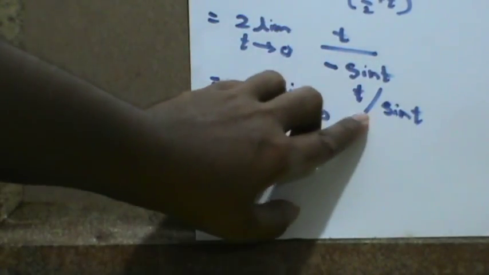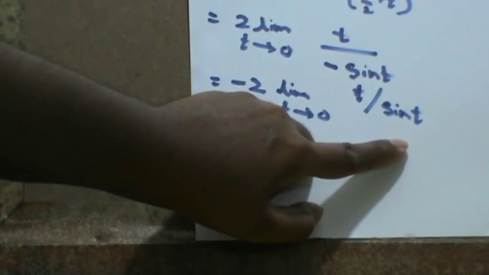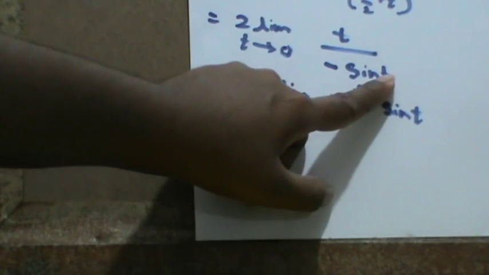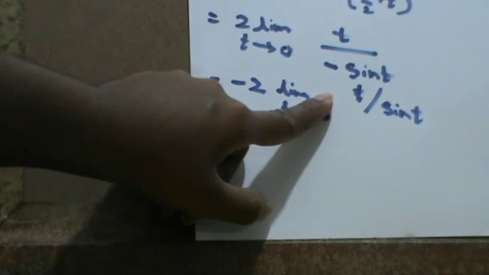It is minus 2 times the limit when t goes to 0 of t by sin t. Now I know that when t goes to 0, sin t by t is equal to 1. So I'll divide both sides by t.